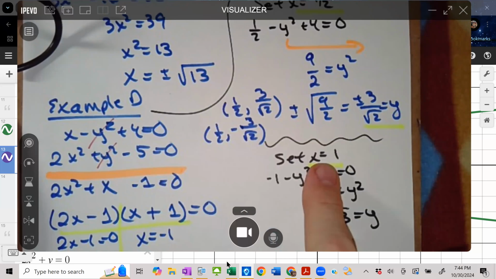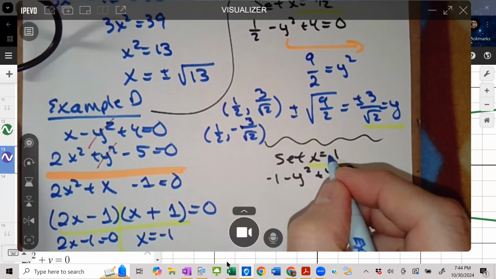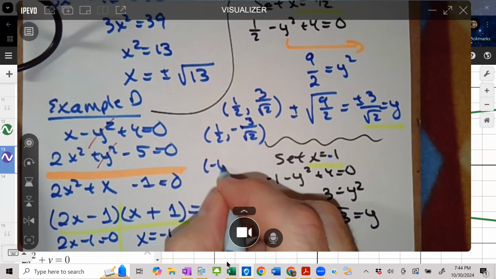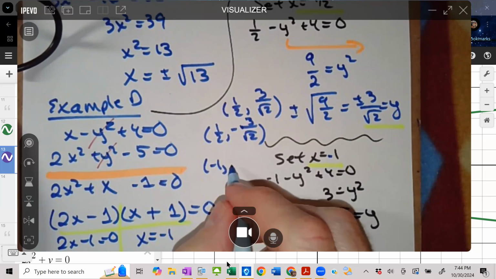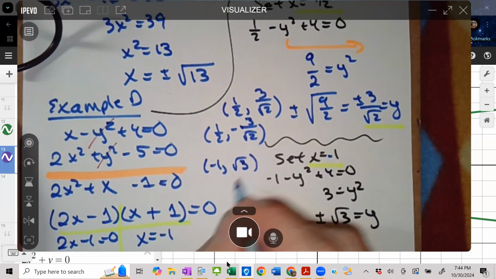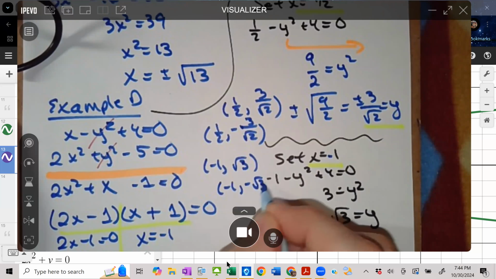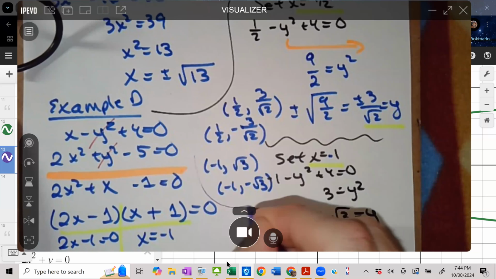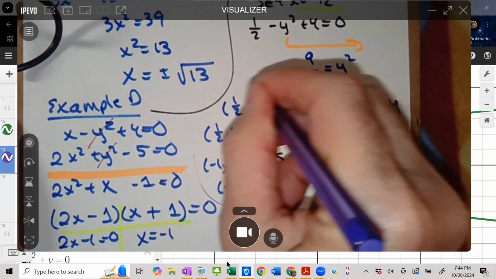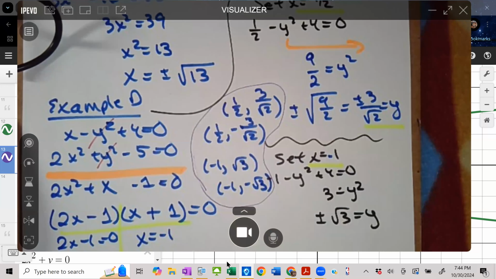When x is -1, y could be the square root of 3. Or when x equals -1, y could equal negative the square root of 3. So 4 solutions all right here. There's your 4 solutions.